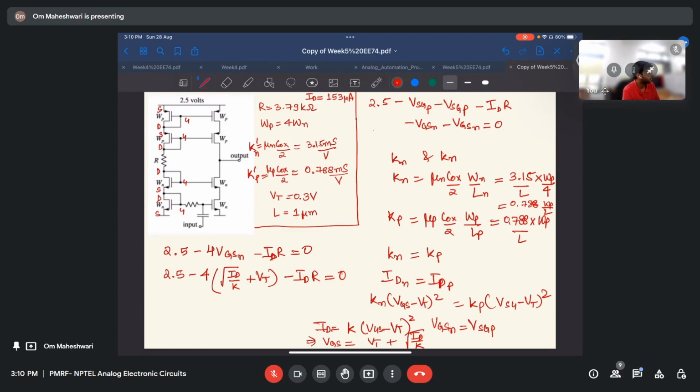So, okay, what do we want? I'll just expand this: 2.5 minus 4 under root ID, we know is 153 microampere, and K is 3.15 into, let's say, WN.